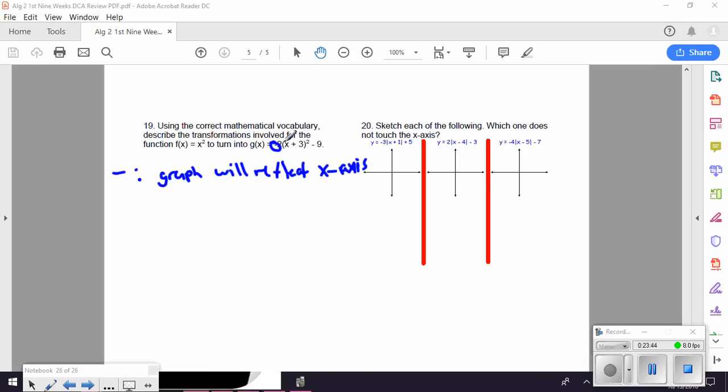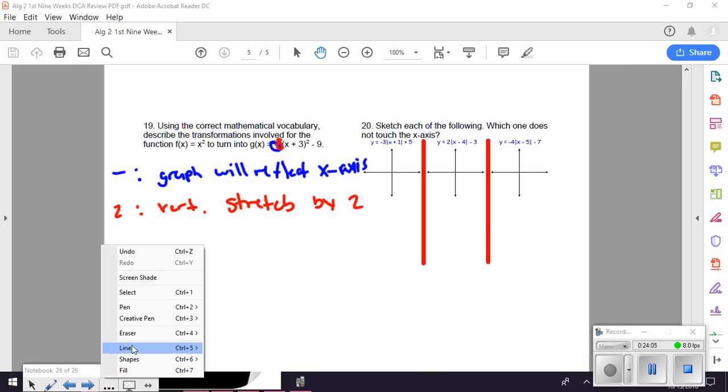All right, the next thing I noticed was this 2 out in front. That 2 in front means that there's a vertical stretch by 2.